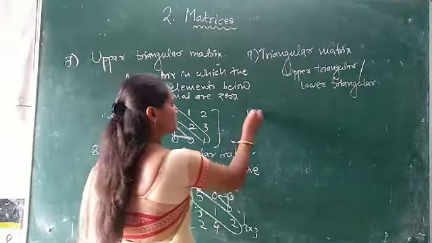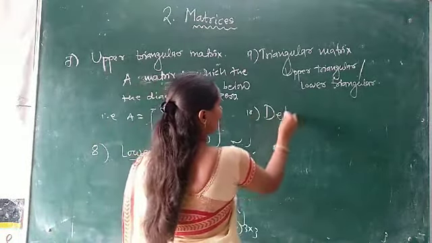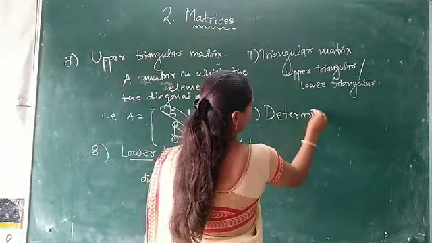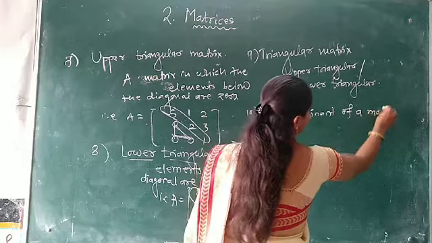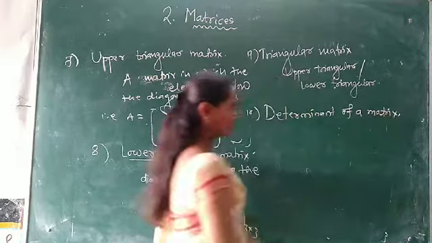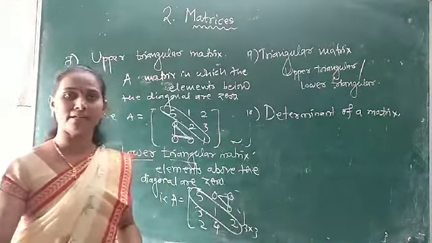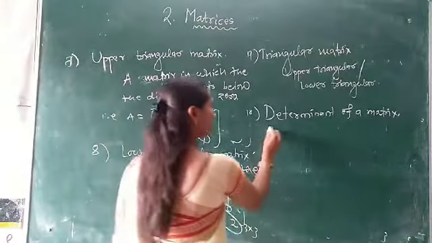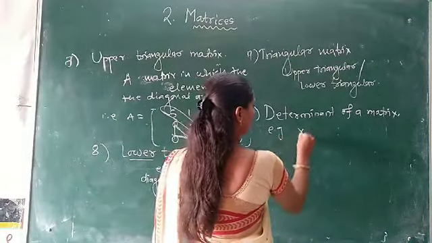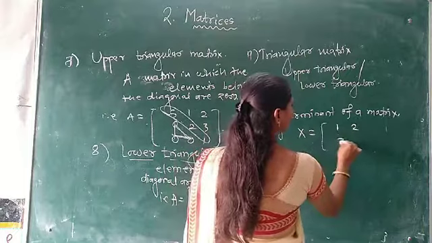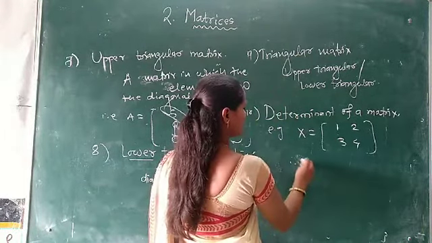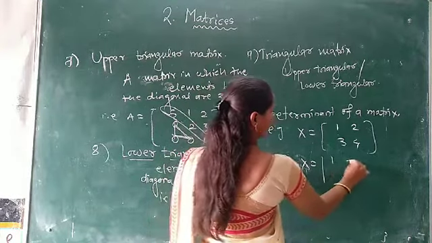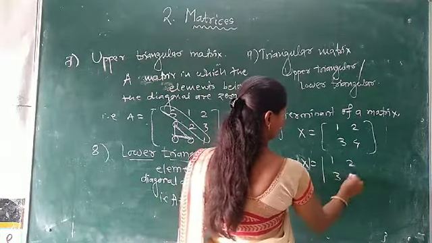Now next one, we see determinant of a matrix. In 11th standard, we already studied how to find determinant. So, if we have any matrix, for example, X is equal to [1 2; 3 4], then we will write determinant X is equal to |1 2; 3 4|.